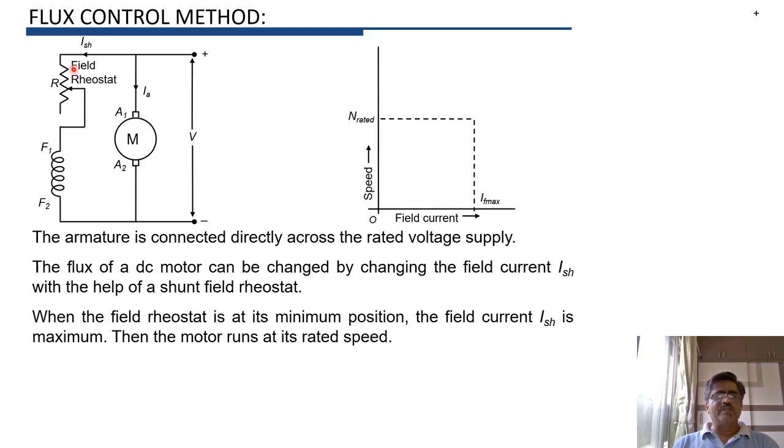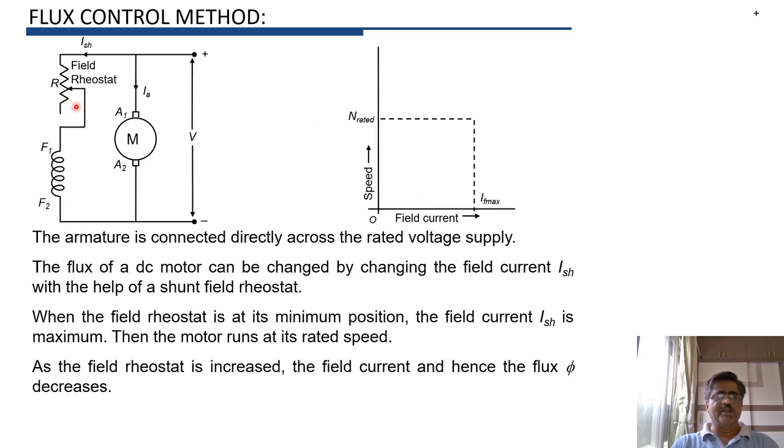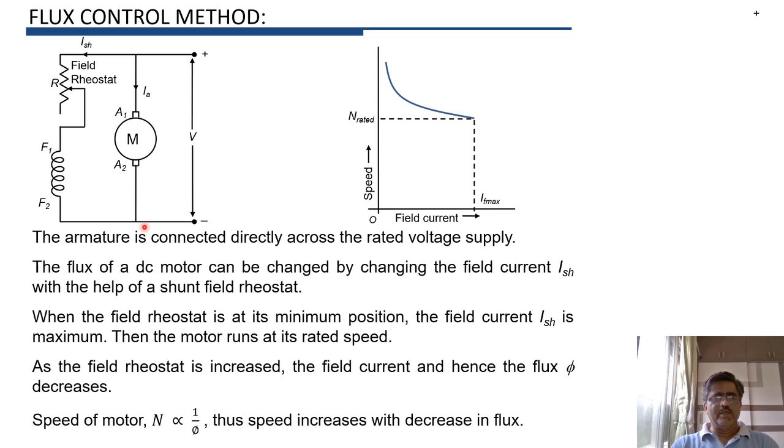Now if this resistance is increased, so as field rheostat is increased, current through the field winding will reduce. So with reduction in ISH, flux phi also decreases. And we know that speed of motor N is proportional to 1 upon phi.